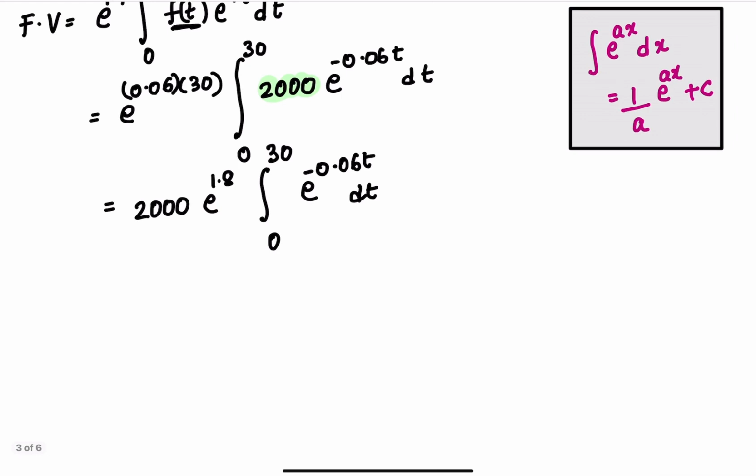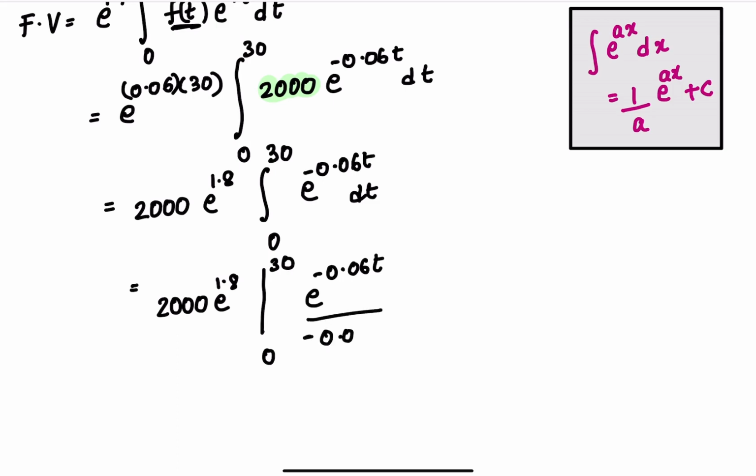So using that formula, I will have 2,000 e to the power 1.8, integral 0 to 30. This is e to the power negative; the integral of e to the power ax is e to the power ax divided by a, which is negative 0.06.